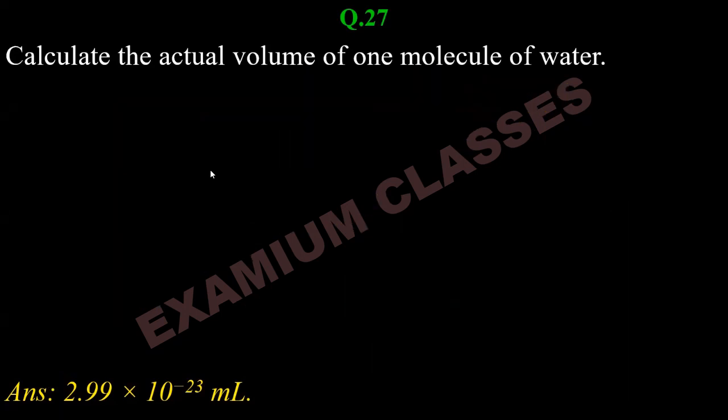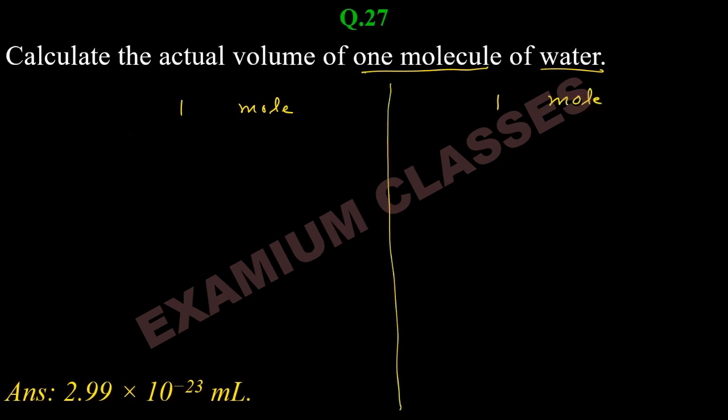So in simple terms now, understand this question. What is the volume of one molecule of water? And whenever it comes about molecule, think 6.022 into 10 power 23 molecules, because that is 1 mole. So if you can compare 1 mole with 1 mole, you might say, why? I am writing the same thing.